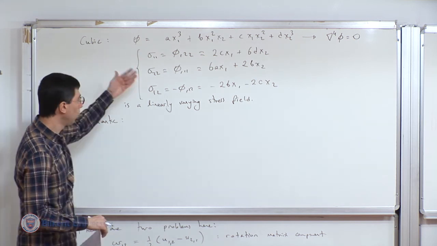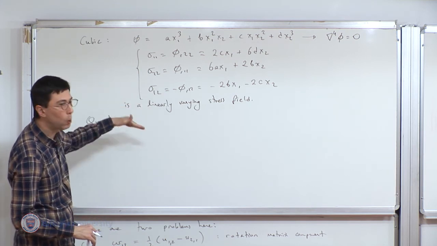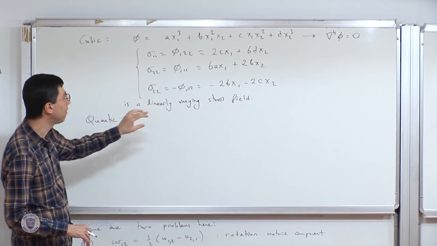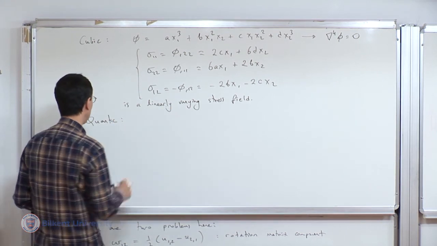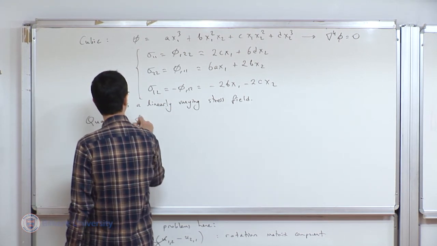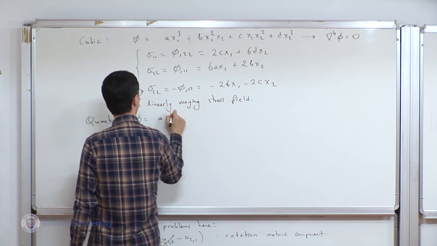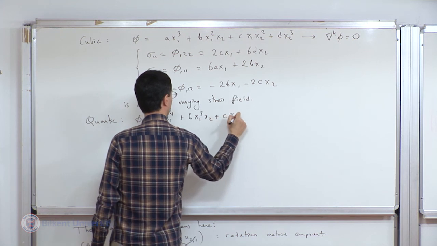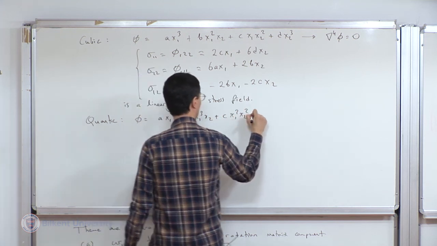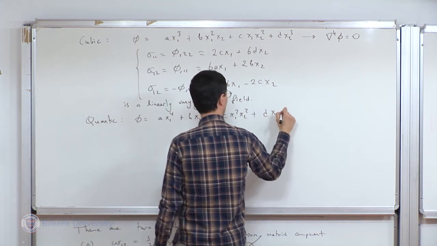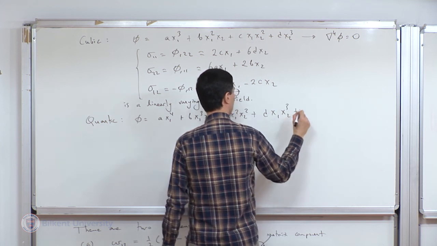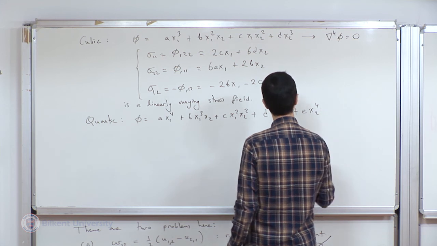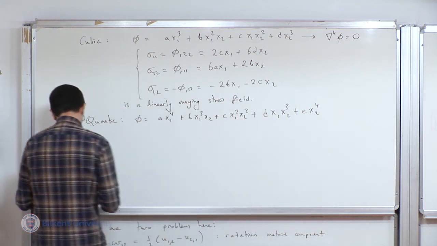Now, finally, although it is obvious, I'd like to now go up to the quartic as the last step, because in this order, at least, we have some non-trivial compatibility requirements. So quartic 1 would be that.